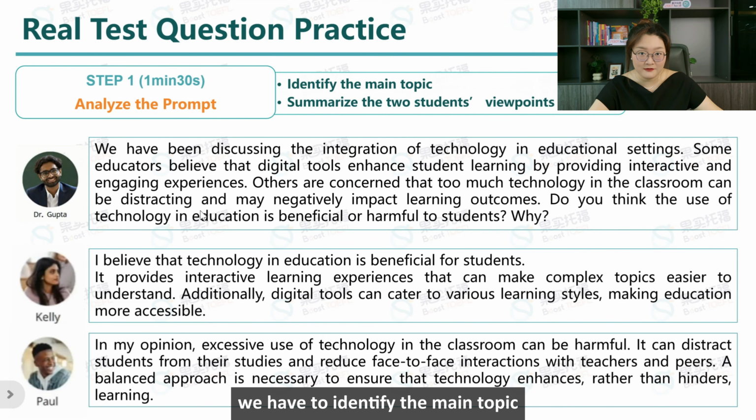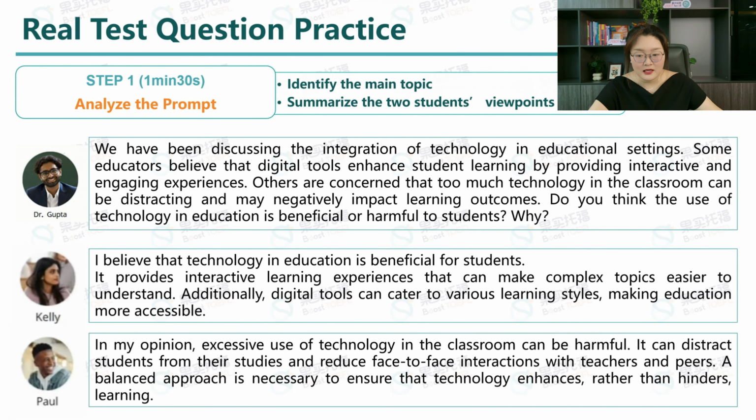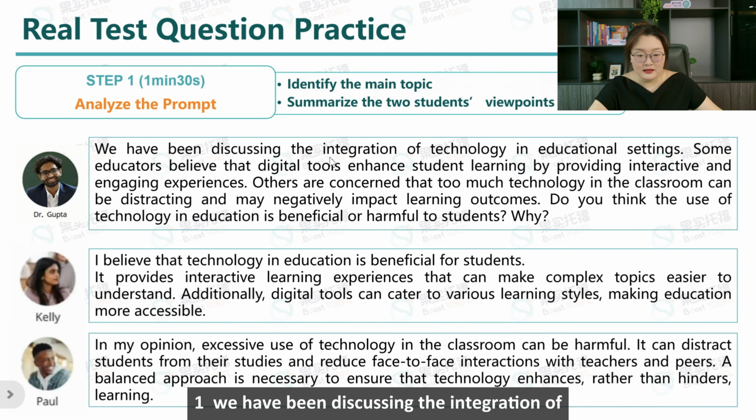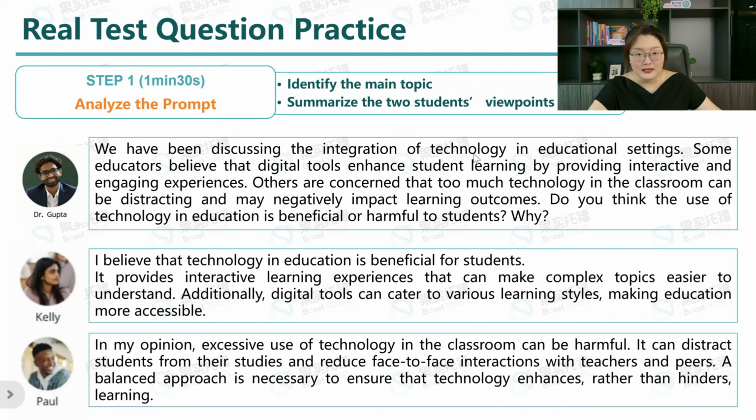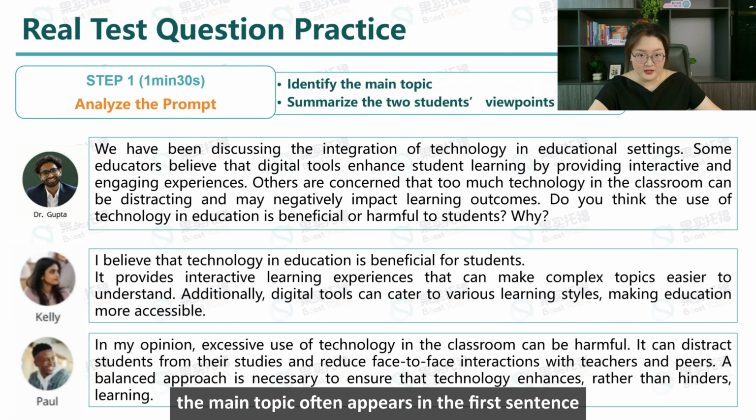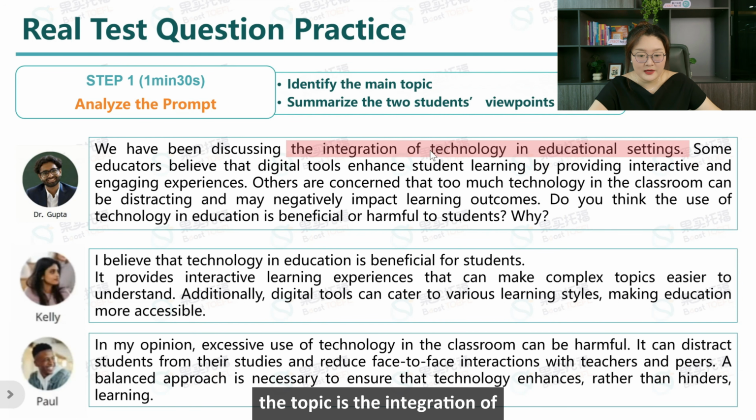We have to identify the main topic. We have been discussing the integration of technology in educational settings. Okay, so this should be our main topic, right? And pay attention. The main topic often appears in the first sentence. All right. So the topic is the integration of technology in educational settings.